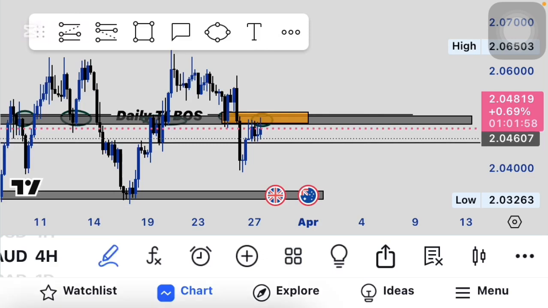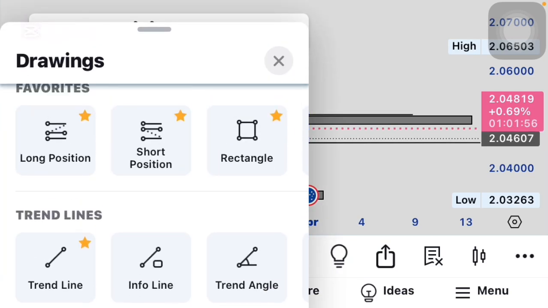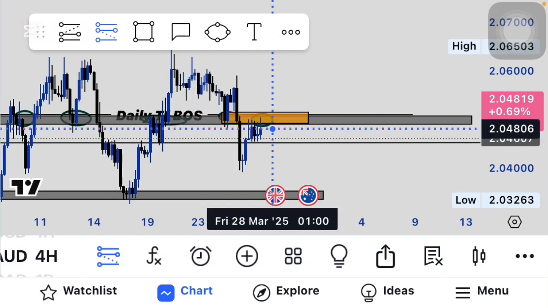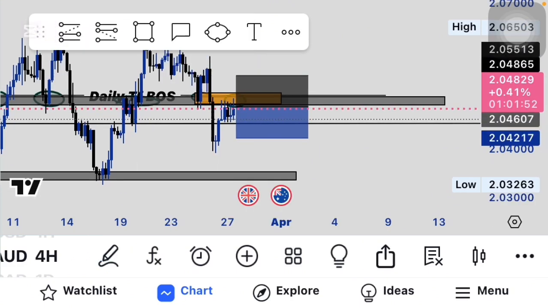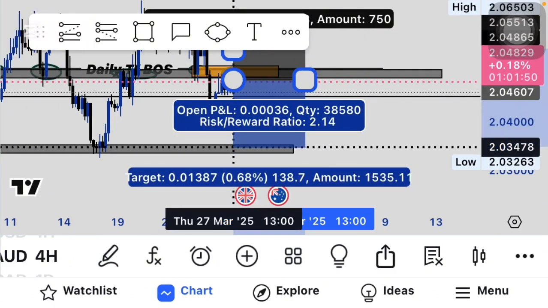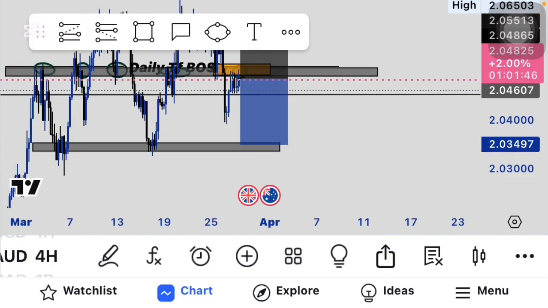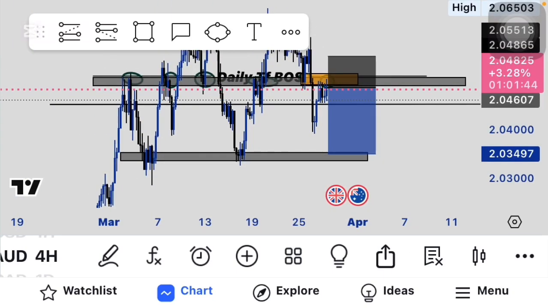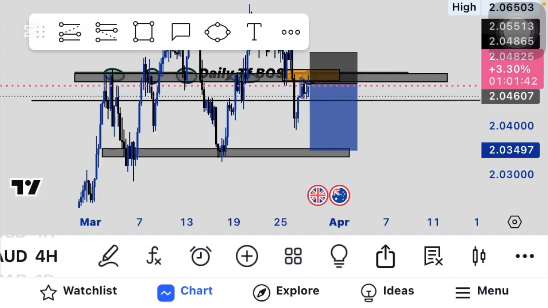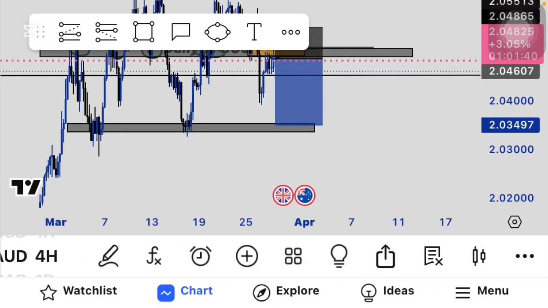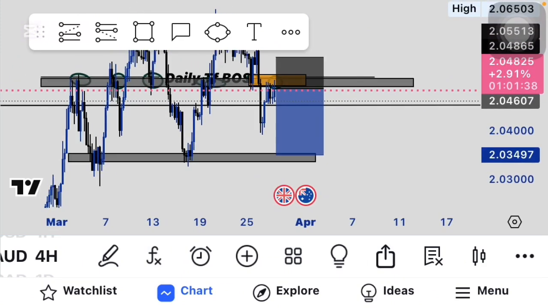I'm going to go on a short position. If I go on a short position from here, I'm landing here, which is the area. If I sell from this zone, I'll be going here.